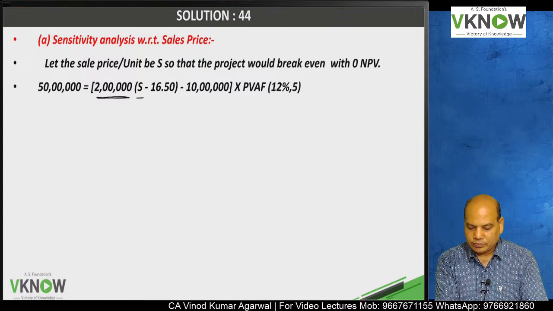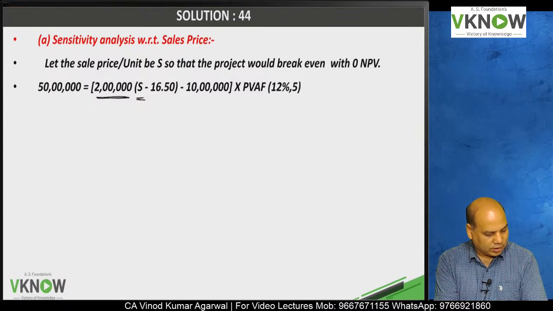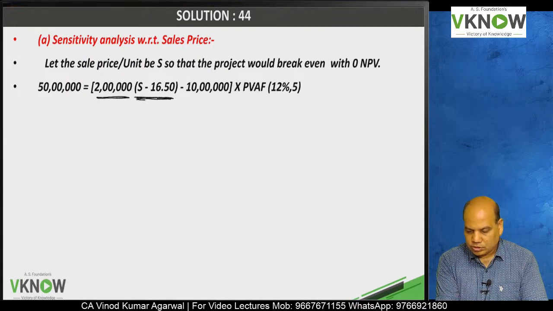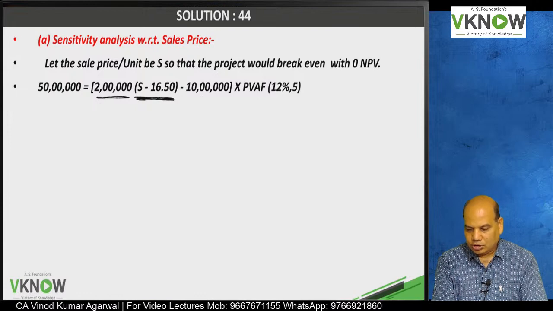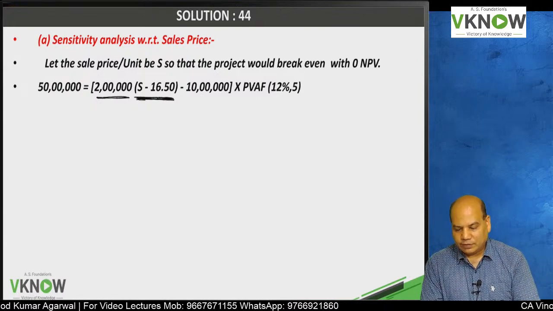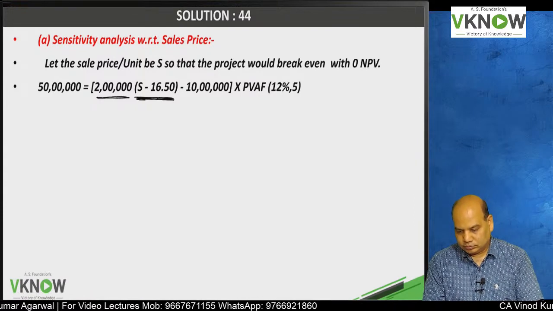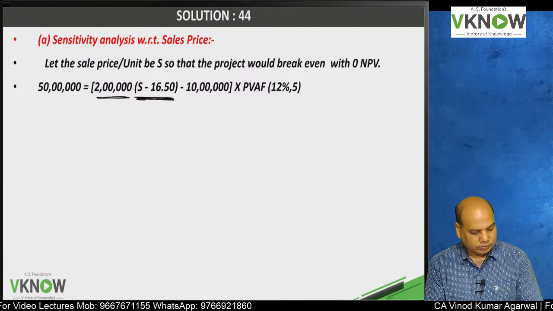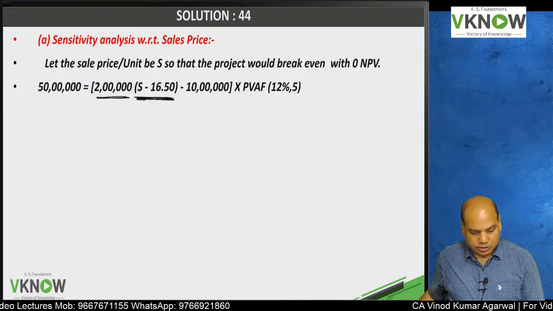Selling price is missing, we will take it as S. Variable cost is 16.50, so this is contribution, minus 10 lakh, into PV annuity factor at 12%, 5 years.